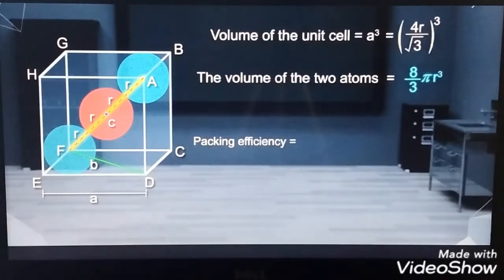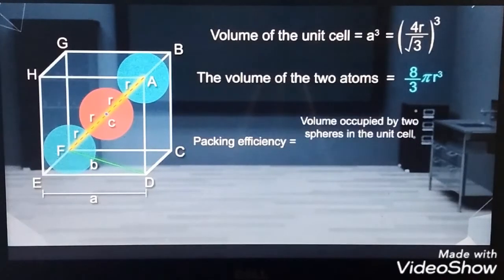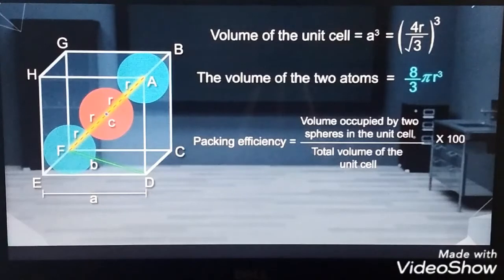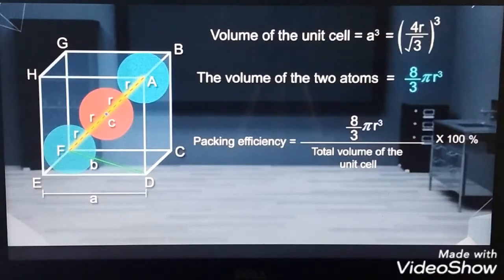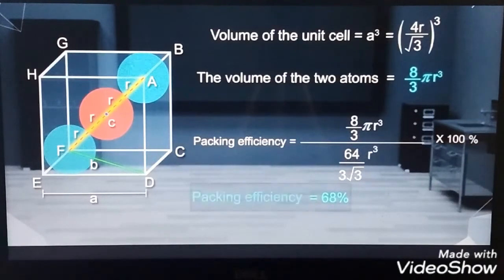Packing efficiency is equal to the volume occupied by 2 spheres in the unit cell times 100 divided by the total volume of the unit cell, in percentage, which is equal to 8/3 πr³ times 100 divided by 64/(3√3) r³, which is equal to 68%.